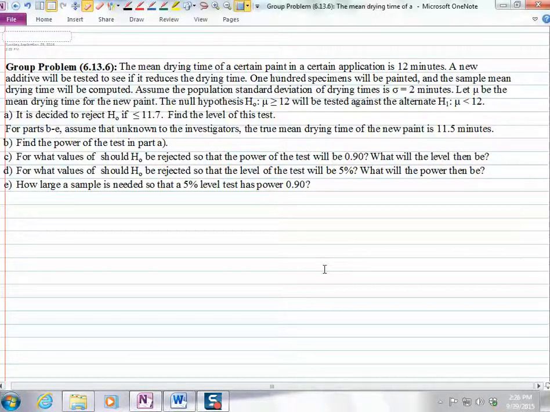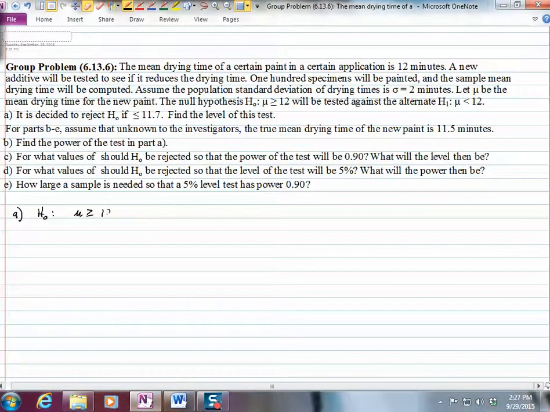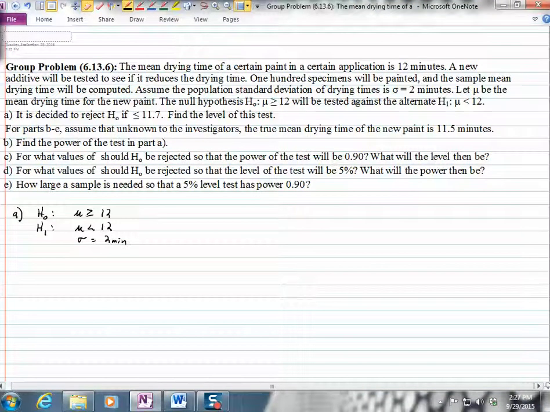So we're looking at, for this problem, in part A here, we've got the null hypothesis that the mean is greater than or equal to 12, and the alternative hypothesis. Okay, sigma is 2, n is 100.